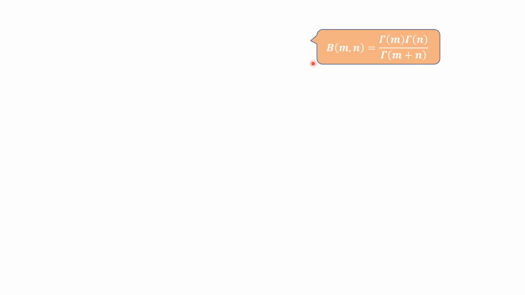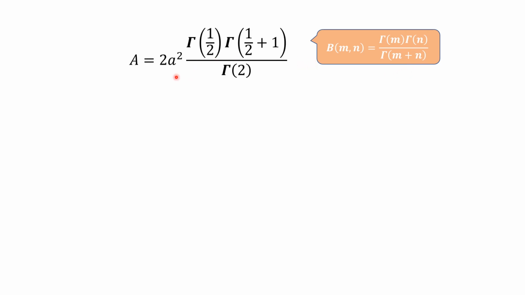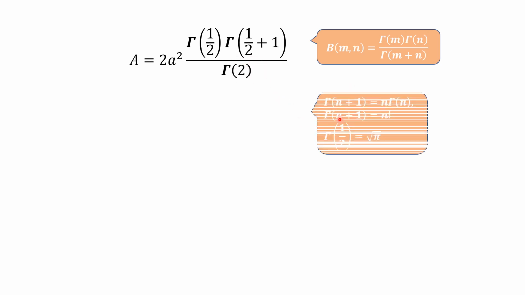So using this formula, the value of A will be 2a square gamma half into gamma (half plus 1) divided by gamma of 2. Now for further simplification, we will use the formulae: gamma of (n plus 1) is n into gamma n, if n is not an integer. If n is an integer, then gamma of (n plus 1) is evaluated as n factorial, and gamma of half has the value root pi.